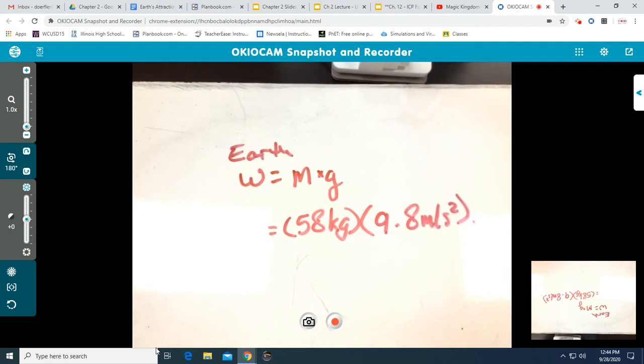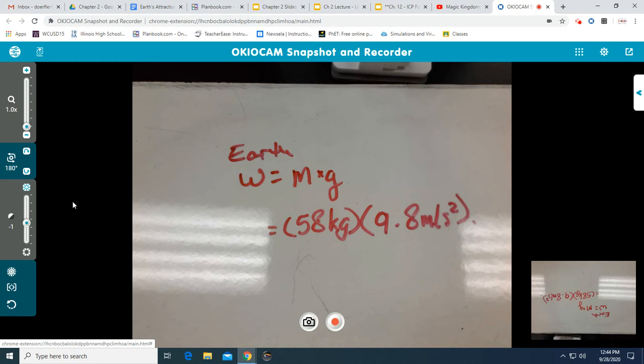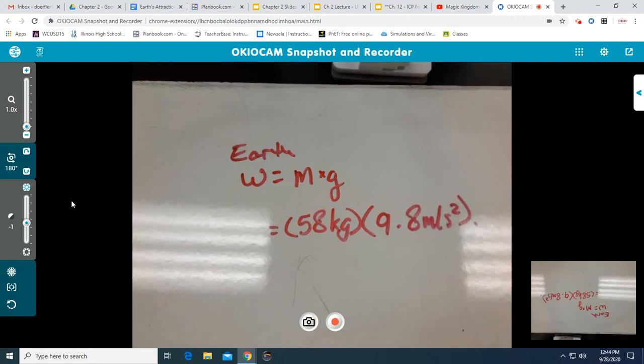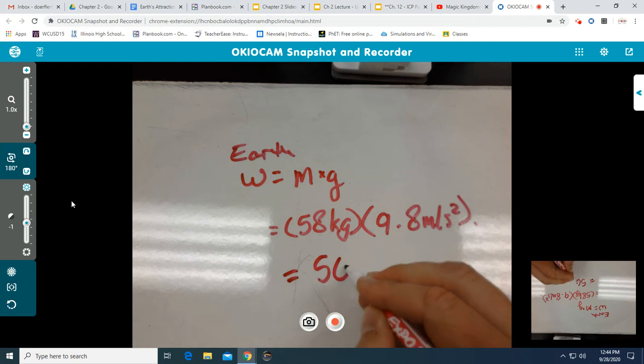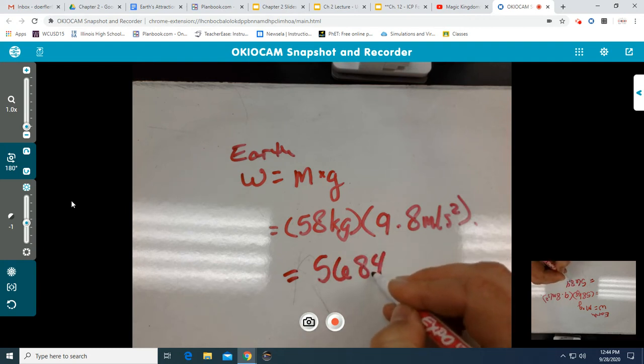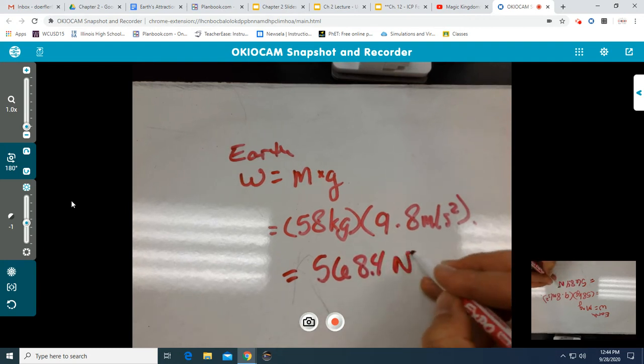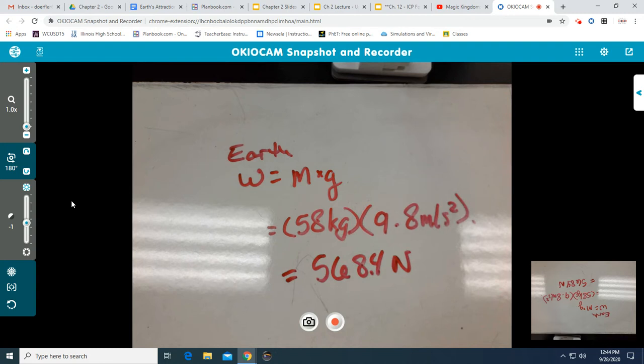I'm going to dim this so I'm using a new color marker as well. And so we go ahead and put this in our calculator, 58 times 9.8, and we get 568.4 newtons. Okay, and it's just that.